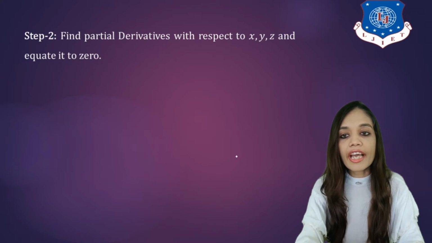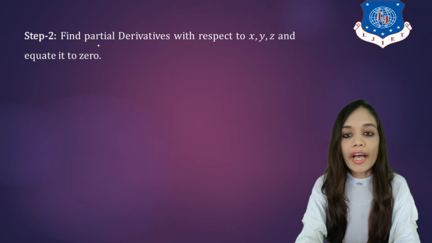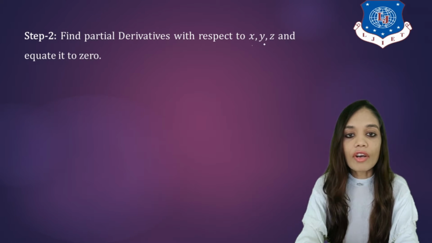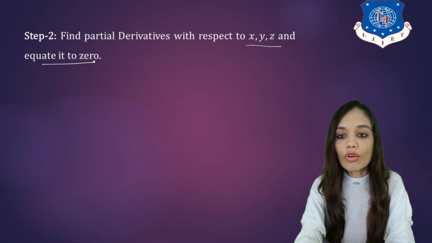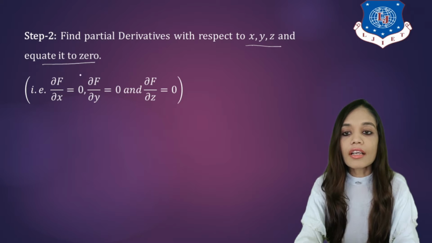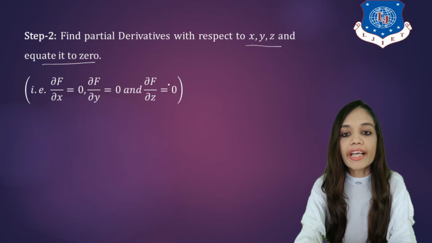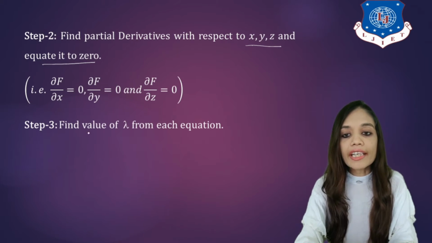Now let us go to step 2. Then we have to find the partial derivatives with respect to x, y, z and equate it to 0, right? That is del F by del x is equal to 0, del F by del y is equal to 0 and del F by del z is equal to 0. Now next step. Find the values of lambda from each equation.